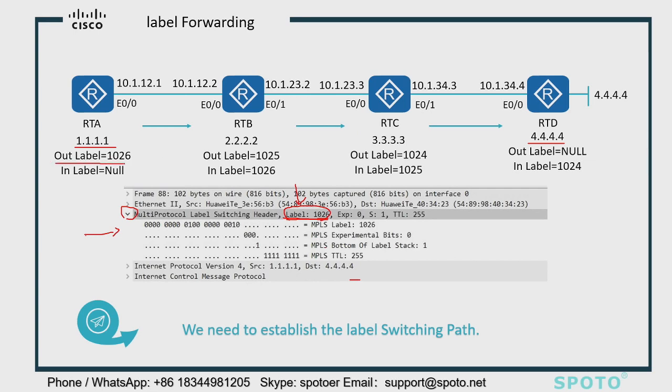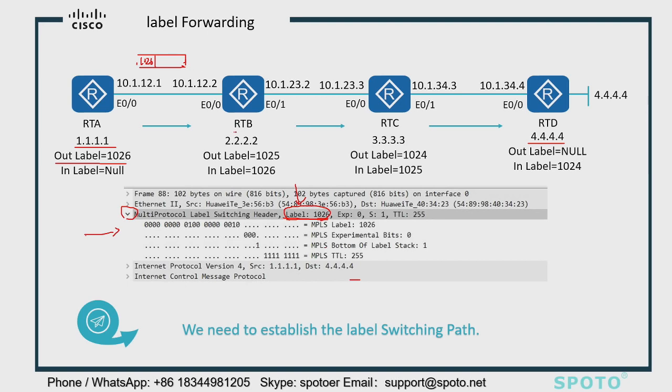This is the out label, 1026, between these two layers. So when RTA forwards the packet to RTB, it will have the label 1026. So this packet will be forwarded to RTB.